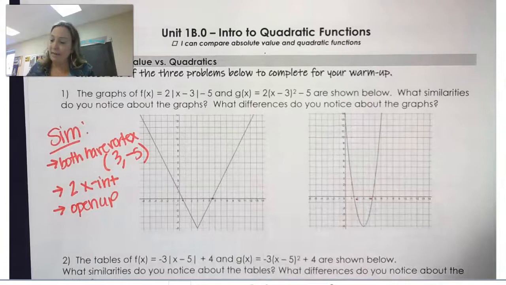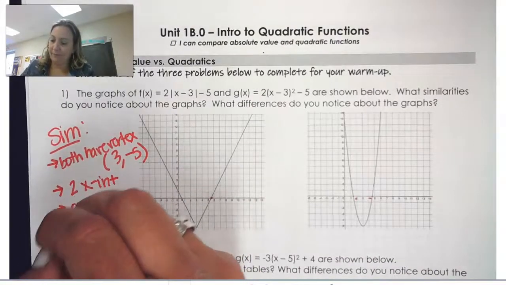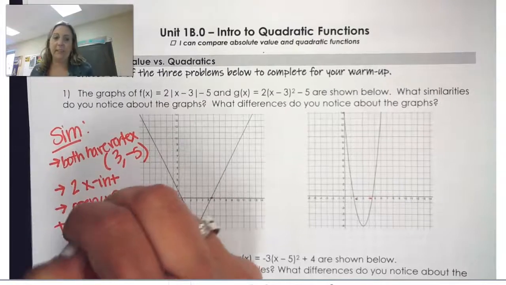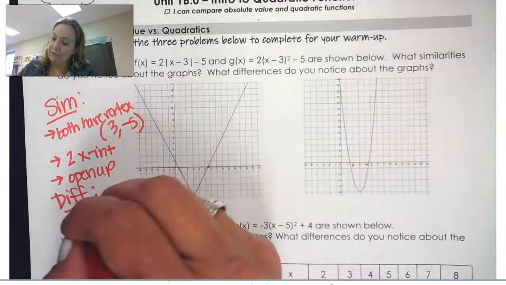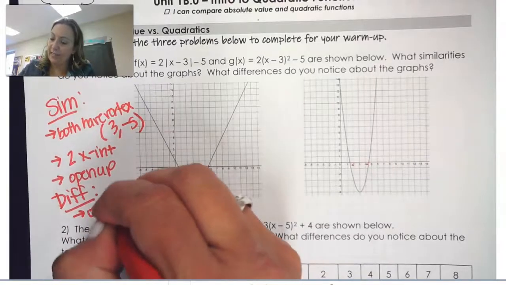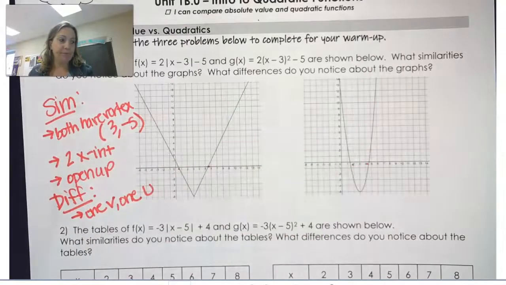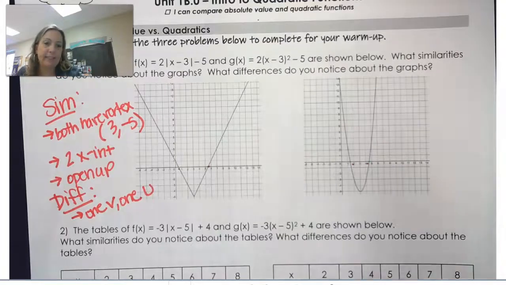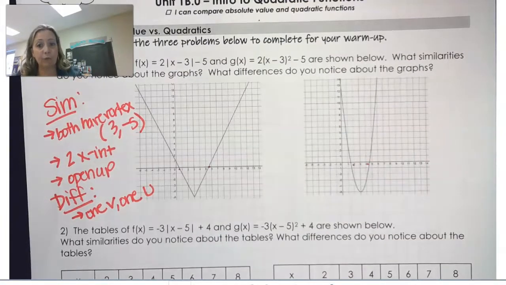Now, as far as the differences, one very obvious difference is the shape. One is a V and one is more of a U shape. That's usually the biggest difference, but I do want to emphasize this about slope.